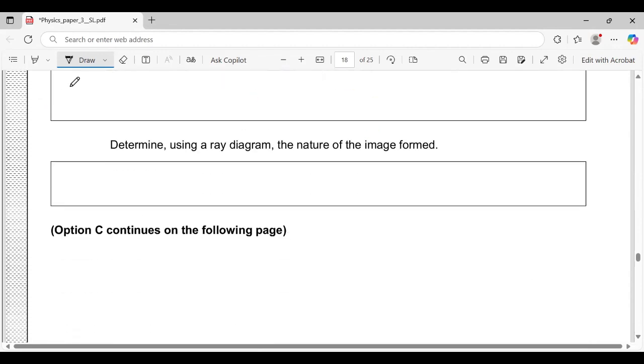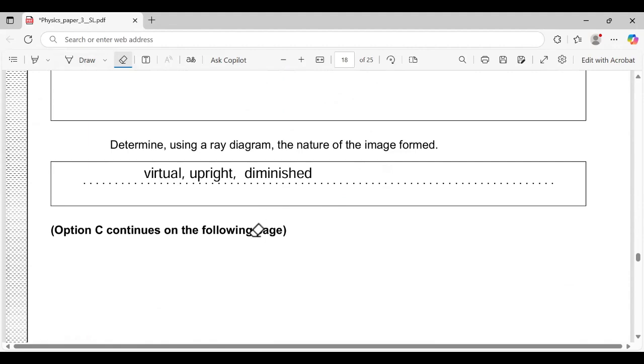And the nature of the image formed is virtual, upright, and diminished.